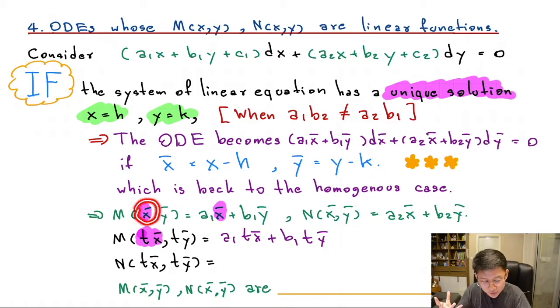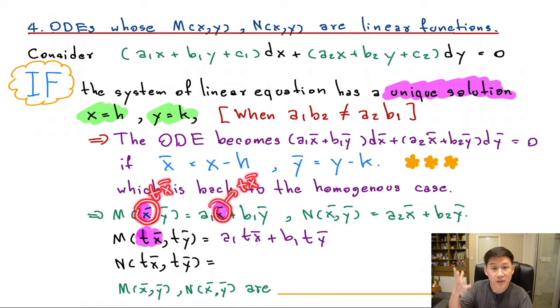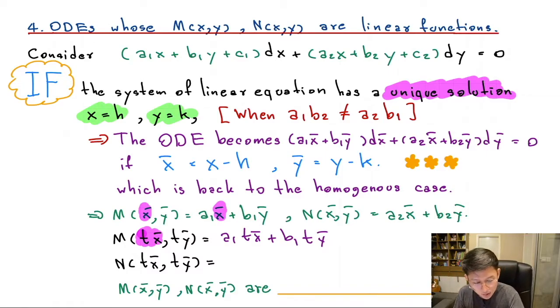We did that in a previous video already, and you should know that from high school. So I'll pull the t out, and what I have here is a1 x bar plus b1 y bar.